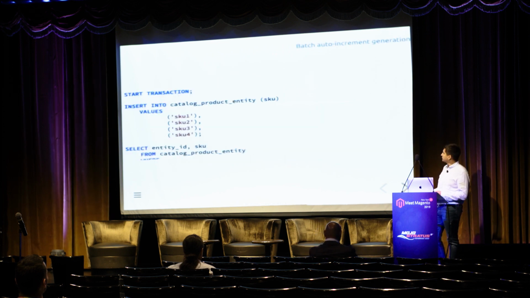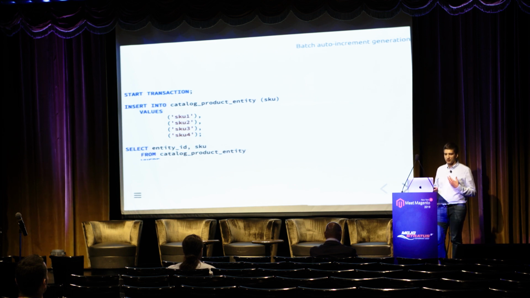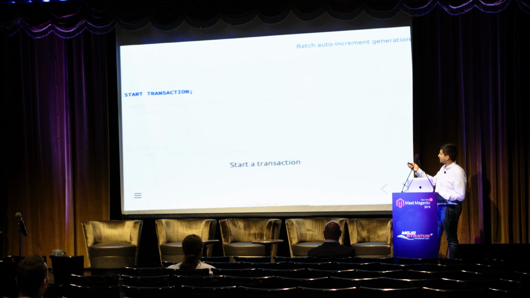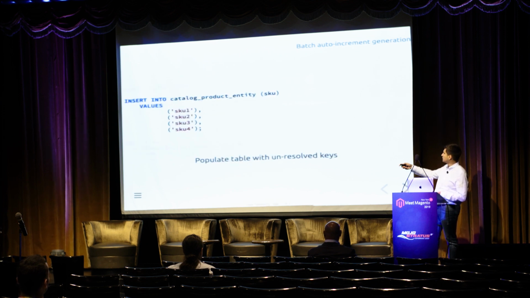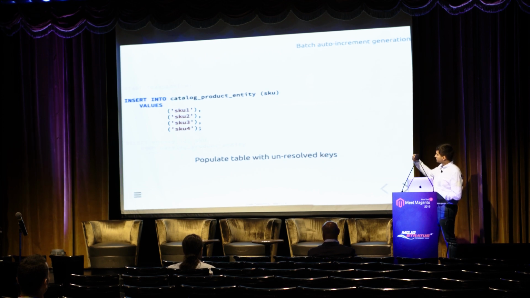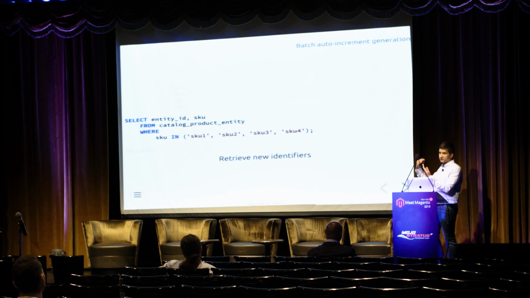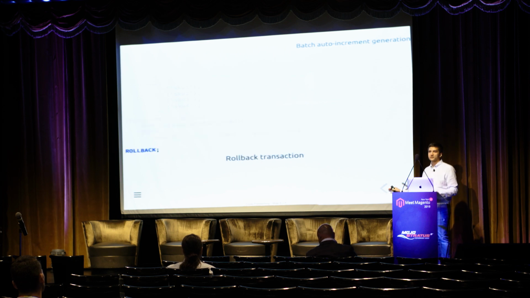Now let's take a look at how I assign those newly generated entity IDs. Here I have insert into catalog product entity. I insert all the values within a transaction. I start a transaction and insert some values with unresolved keys. Then I retrieve those values with a select, and as soon as I retrieve those entity IDs, I roll back the transaction.